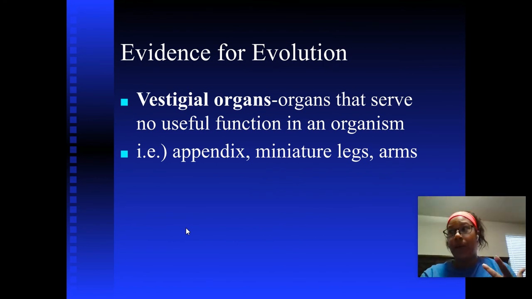We have three different vestigial structures, one being the appendix. It's useless. We don't use it. It's only there to cause problems. Our tailbone is a vestigial structure. It's from the days when our ancestors had a tail. Some people are still born with a tail. I've seen a person who can actually make it wiggle.